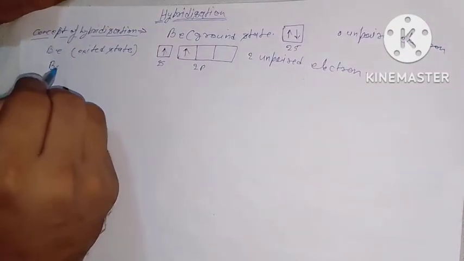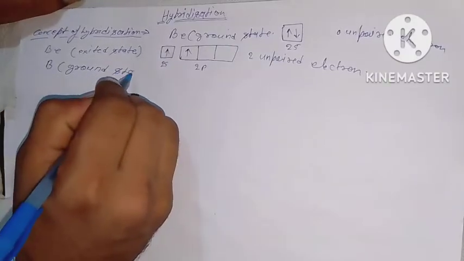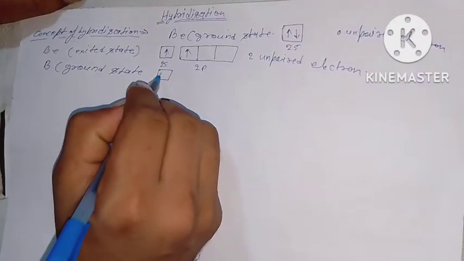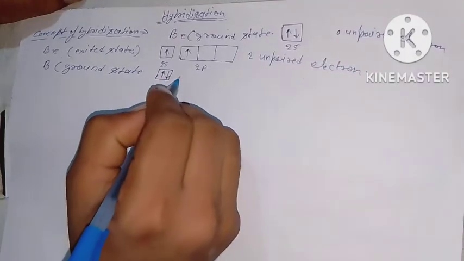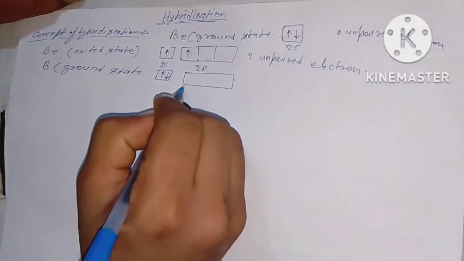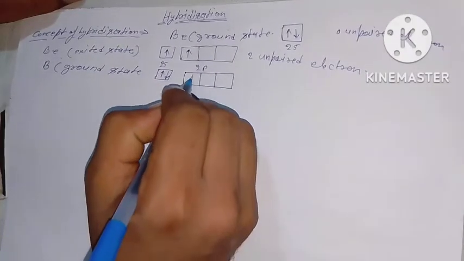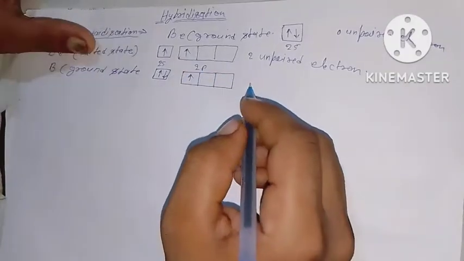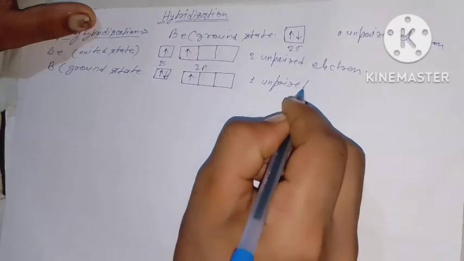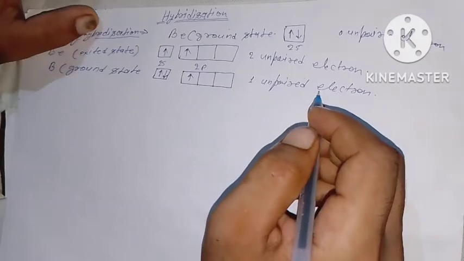Boron, ground state, 1 unpaired electron.